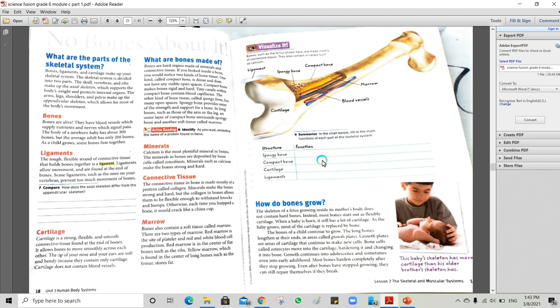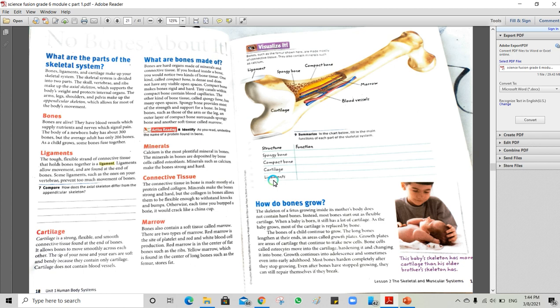By the way, you have to write the function of ligaments and cartilage in the table on page 19. In the part for ligaments, you have to write: holds bones together. Again, write this in ligaments.